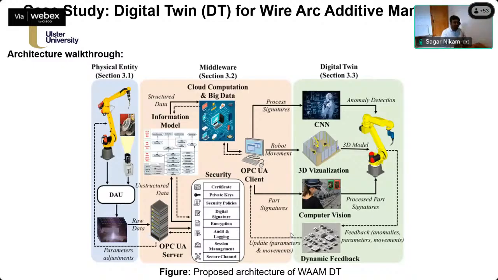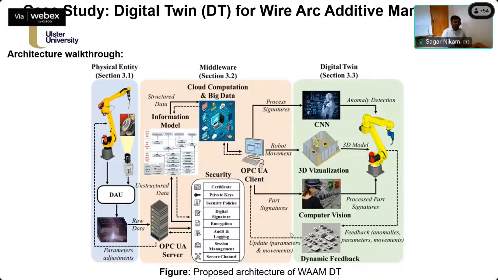The middleware helps bridge the physical entity and the virtual entity. There is a lot going on in the middle layer: cloud computing, machine learning, and blockchain aspects are involved there. The middle layer usually bridges the physical and digital systems, and it makes use of a server or client to enable secure communication.